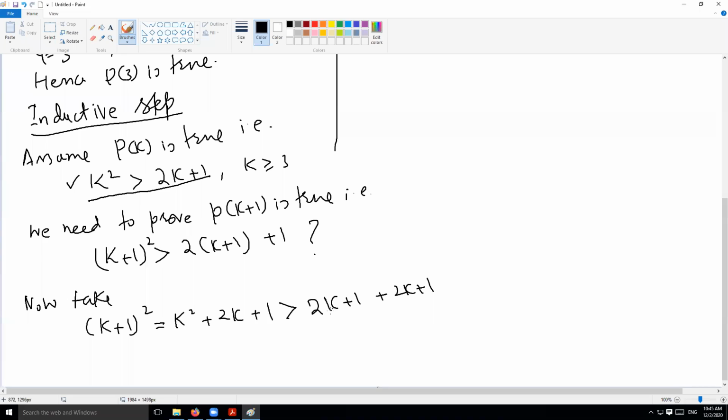So K square is bigger than 2K plus 1, and this 2K plus 1 is the same as 2K plus 1. And this quantity is going to be equal to 4K plus 2, which is the same as 2 times K plus 1. Am I doing something silly? I hope not.